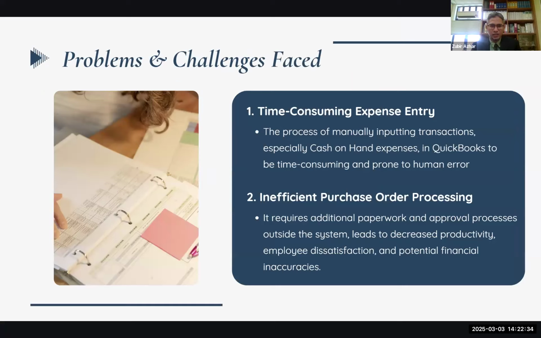Is it because the source documents are not correctly transferred to QuickBooks? Basically, what we wanted to say is that because we are prone to human error, as in when we record transactions, we could maybe make mistakes. We might record from a different invoice or a different number, something like that.